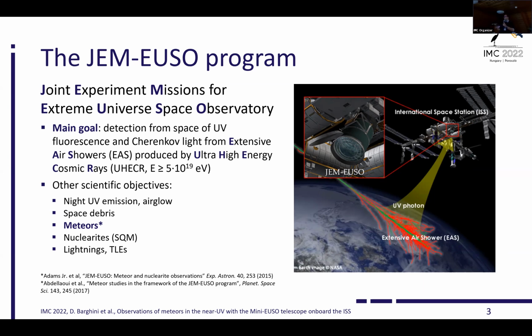And so for this kind of purpose, we look from space at the Earth atmosphere, which is just like our detector. And of course, looking at the Earth atmosphere, we can see many things. For example, meteors and other things like lightnings, transient luminous events, space debris, the emission of the Earth itself.